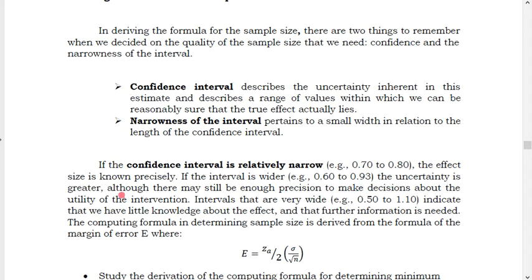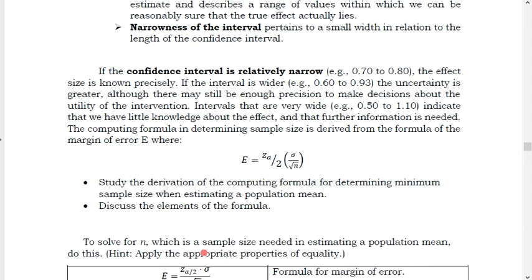The uncertainty is greater, although there may still be enough precision to make a decision about the utility of the intervention. If intervals are very wide, this indicates that we have little knowledge about the effect and that further information is needed.